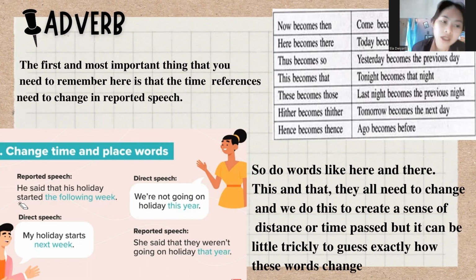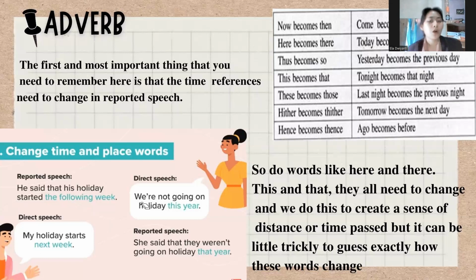But in reported speech, we change it into he said that his holidays start the following week. Okay, look at another example. In direct speech, she said we're not going on holiday this year. In reported speech, we change it into she said that they weren't going on holiday that year.